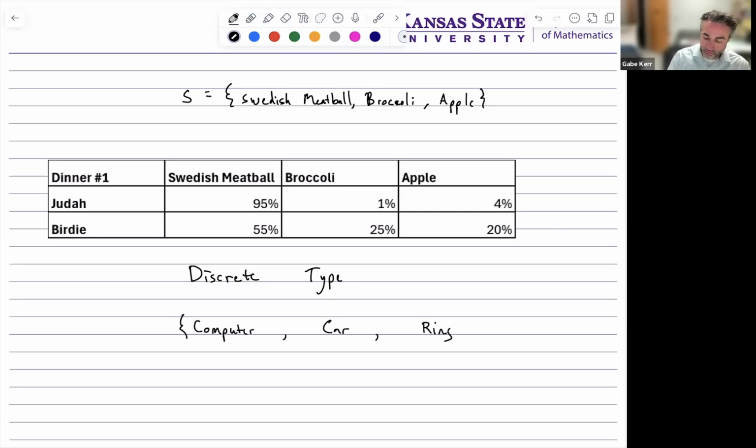Well, while I could maybe, if I wasn't so stubborn, cut a Swedish meatball, I'm not going to take a knife and cut a computer in half, or a chainsaw and cut a car in half, or take the diamond off the ring and then sell one part. So discrete types are more like indivisible assets, or assets that you refuse to divide. And they're just sort of in chunks, in discrete bits.